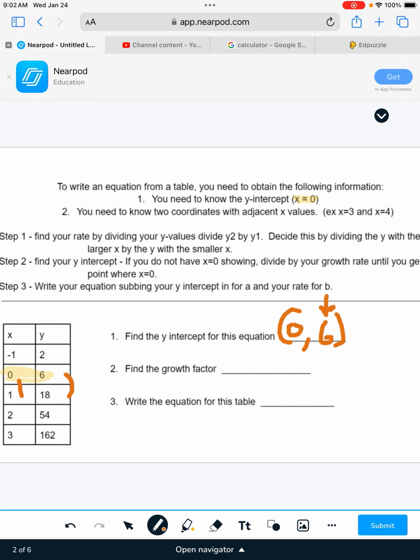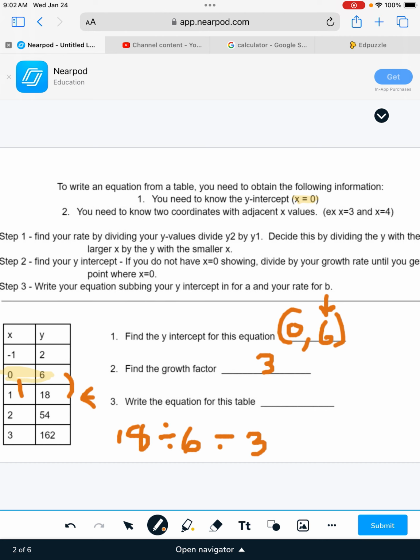Also, these y values are right next to each other as well, right next to each other on the graph, right? So what I'm going to do here is I'm going to say what is 18 divided by 6. The second value, the one that comes second, divided by the first value, the one that comes before. That happens to be 3. My growth factor is 3.